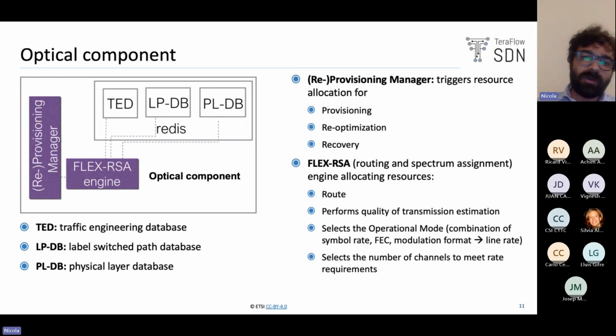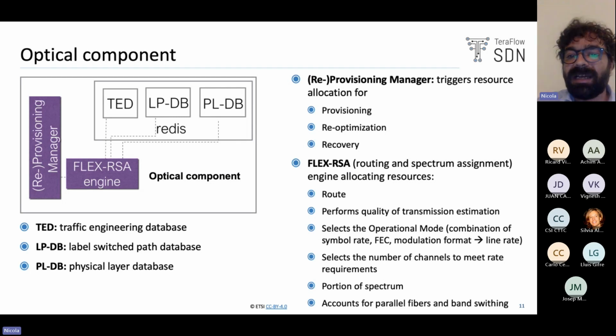service. The operational mode and this number of channels will also drive the bandwidth requirement of this service. So the portion of spectrum that we need to allocate, so in practice, the spectrum assignment. Moreover, the engine will also account for the several parallel fibers deployed within the network, and will account also for band switching, so for available band circuits or reconfigurable band circuits.